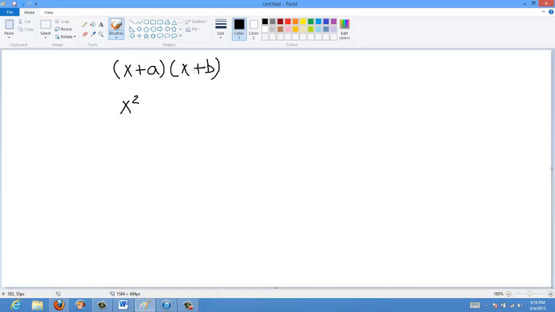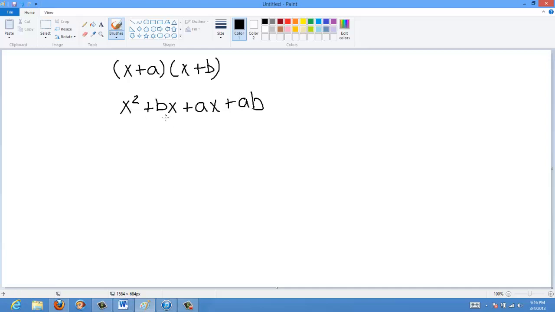Then x has to multiply with b, so we get bx. Then a has to multiply with everything, so we get plus ax, and then plus ab.